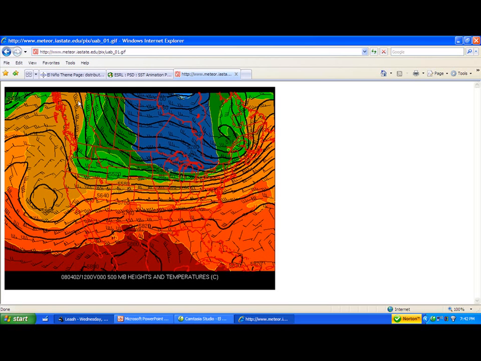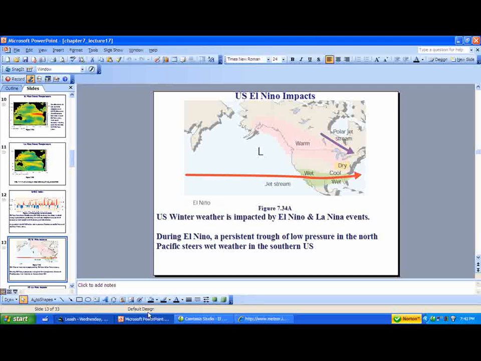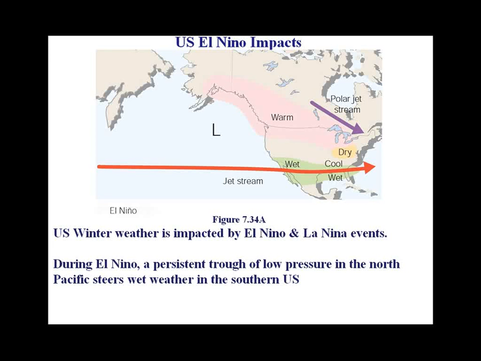Anytime we have a ridge, we have dry conditions. You see, I'm outlining the ridge right now here. Dry conditions, warmer weather. Well, if we go back here, what will happen is that during an El Nino, when we have a change in the pressure patterns, remember we have high pressure here, low pressure here.